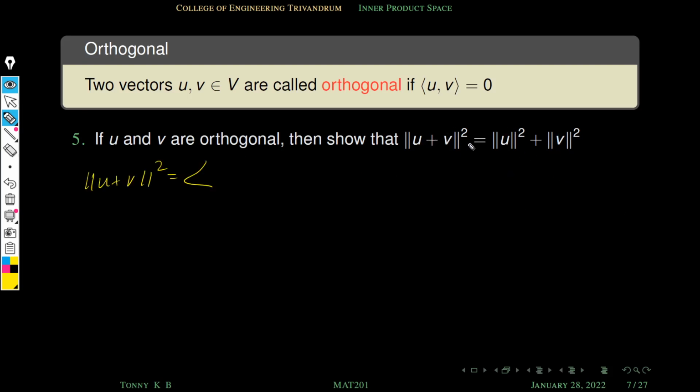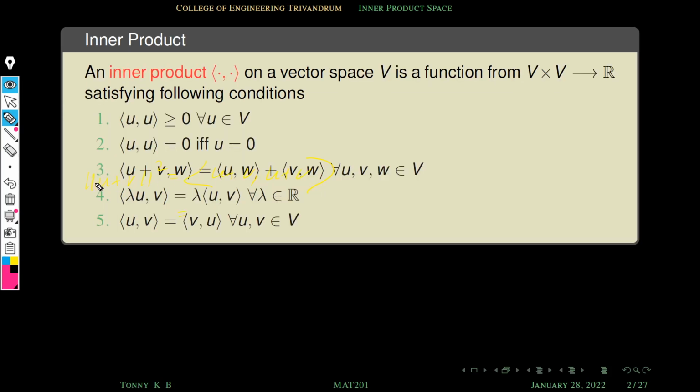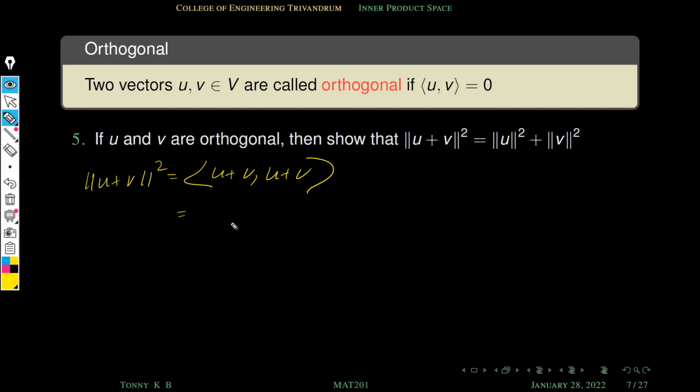Okay, to prove this result, we consider the left hand side, that is norm of u plus v square. By definition, what is norm of u plus v square? That is equal to the inner product of u plus v with u plus v. Next, you have to expand this inner product using the distributive property of the inner product. First, we apply this third property. So this is equal to the inner product of u comma u plus v, plus the inner product of v comma u plus v.